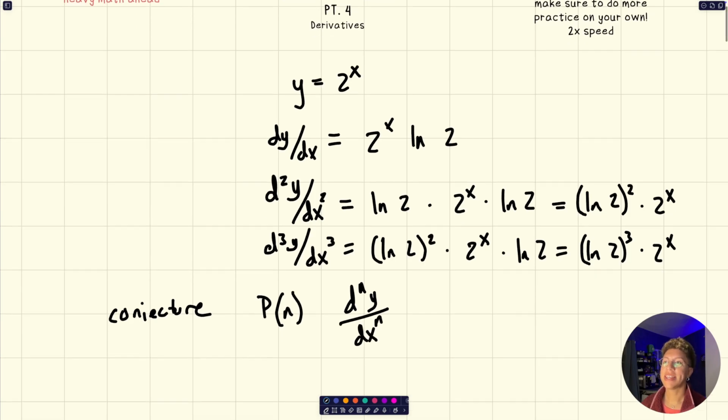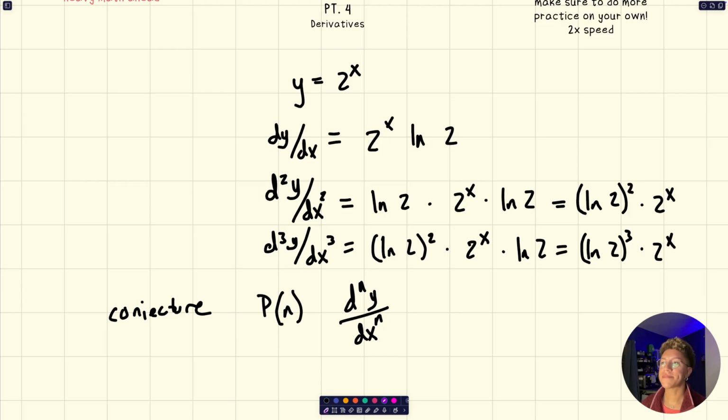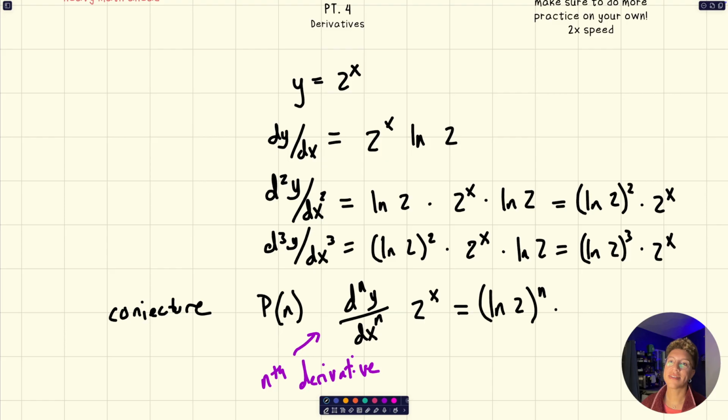This is the nth derivative. The nth derivative of 2 to the x, from this pattern that we started to write down and take a look at, inspect, is that the derivative for this is looking like it could be ln 2 to the n power times 2 to the x, like that.